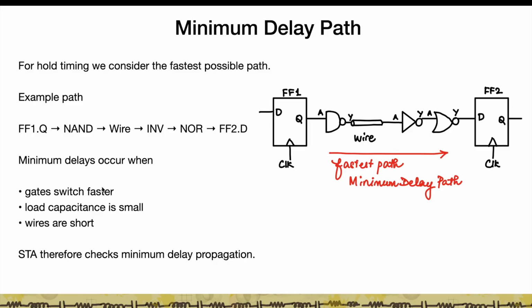Under these circumstances, a signal can race through the combinational logic and reach the capture register surprisingly quickly. Now, if that minimum delay is shorter than the hold requirement, the new data contaminates the capture register before the hold window is closed. This is why STA tools run two separate analyses, a maximum delay analysis for setup and a minimum delay analysis for hold. Both have to pass.